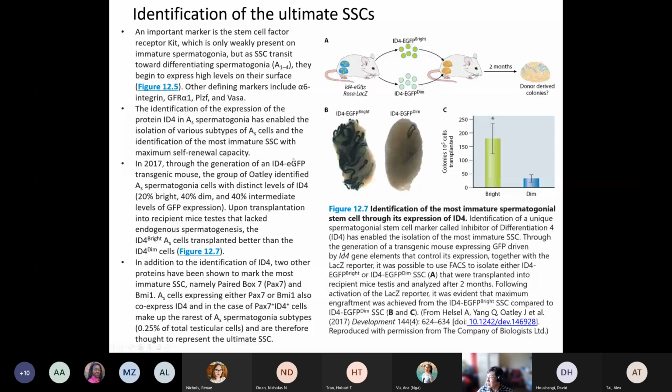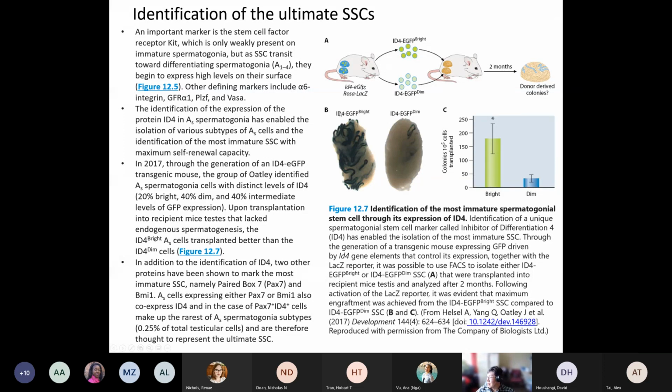So he put this into the locus of ID4, and he was able to show that the A-single spermatogonia have distinct levels of ID4: ID4 bright, ID4 dim, and ID4 intermediate, based on the GFP expression level. And then he was able to show that the bright cells, which indicate a high level of ID4 expression, transplant the best.